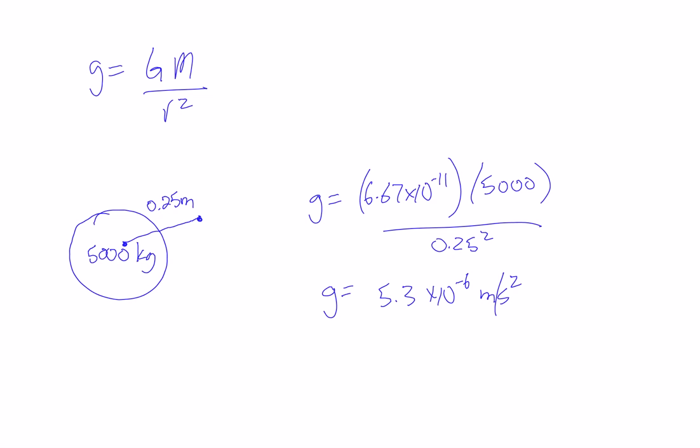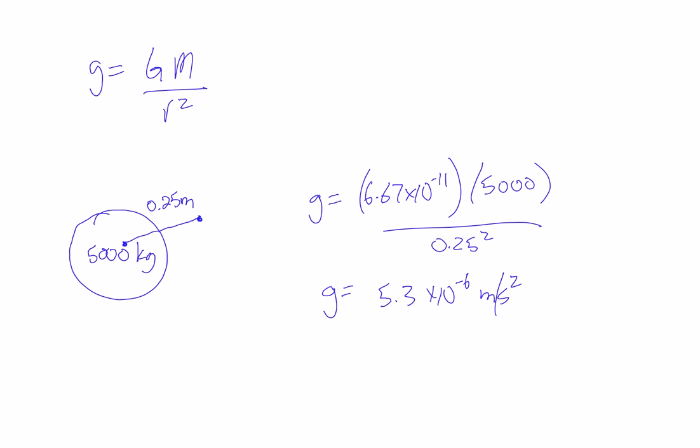Obviously that number is way too small for anything to happen. If we were standing close to a 5,000 kilogram rock, nothing's going to happen. It's too small of a gravity for us to notice it. And if this was on the Earth, standing next to a big rock, we also wouldn't notice it, because the gravity of the Earth is way stronger, so we're feeling ourselves getting pulled downwards. We're not going to get pulled sideways.